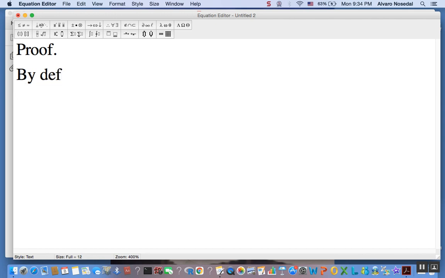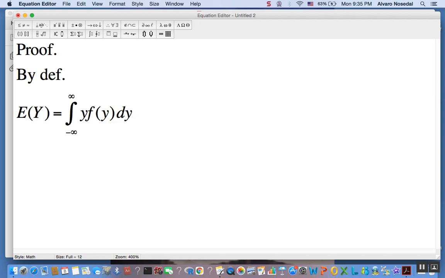So basically, by definition, in the case of a continuous random variable like the one we're dealing with here, the expected value of y is just going to be the integral from negative infinity to infinity of y times the PDF dy.